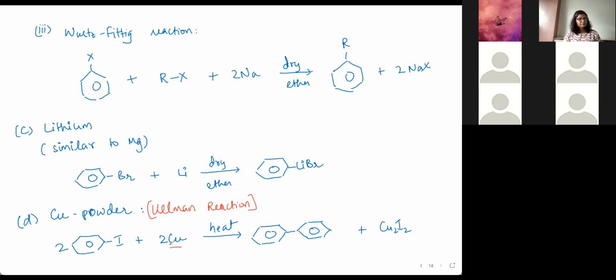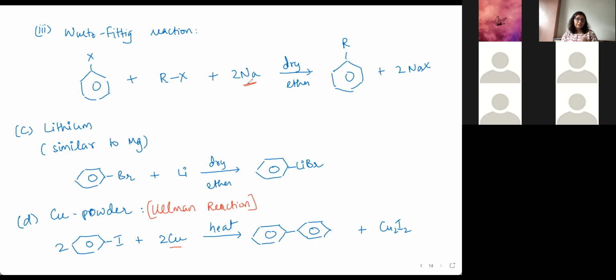Why is everything with dry ether? What is the difference between dry ether and common solvents like water or alcohol? Polar solvent, non-polar solvent. Exactly. Since you're doing the reactions with metals, if you use any polar solvent like water, sodium will not stay as sodium anymore.